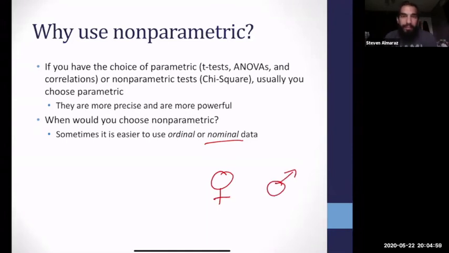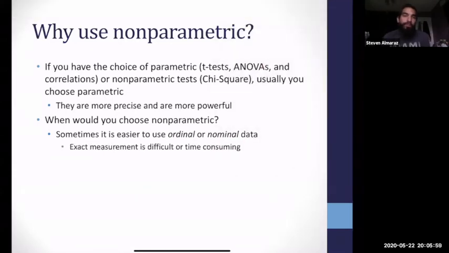There's not a direction between them. There's no line, no intervals between them. They're just different. And ordinal data has an order, but they're not a specific distance from each other, like first, second, and third. Sometimes it's easier to use that kind of data than it is to use interval or ratio data.